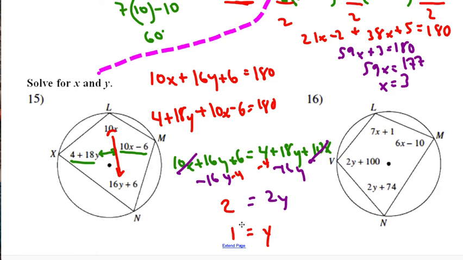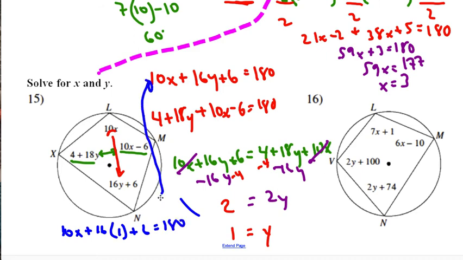Now if I know that y equals 1, then I know I could plug that in to one of these two equations when it's equal to 180 and then figure out what x is. So that would mean then if y equals 1, then I know that 10x plus 16 times 1 plus 6 equals 180. I just happen to pick this equation. Doesn't matter which one you pick, they both should work out the same.